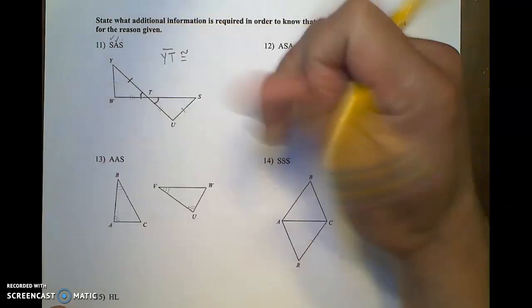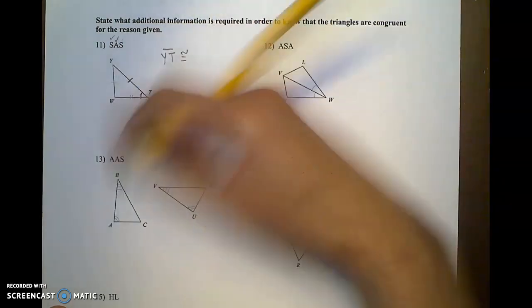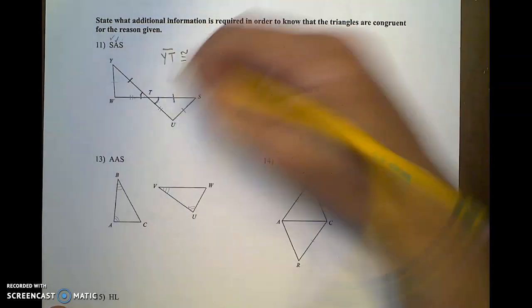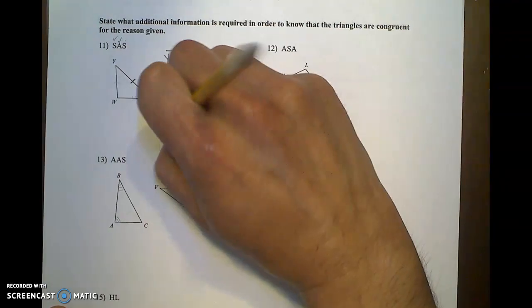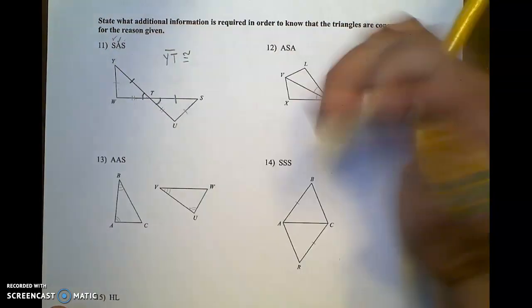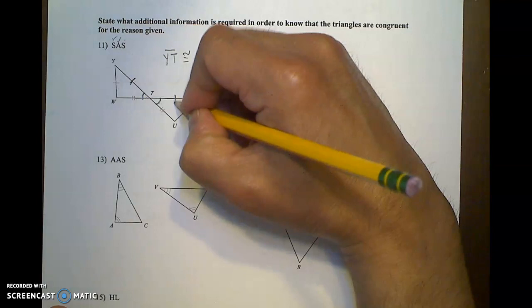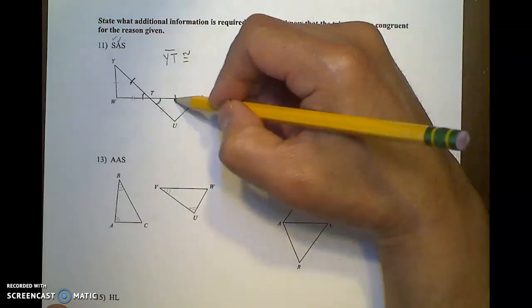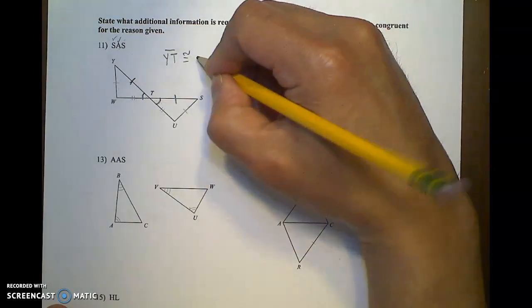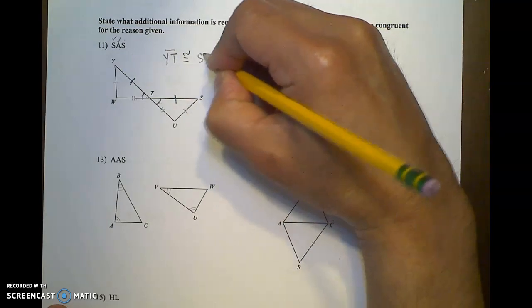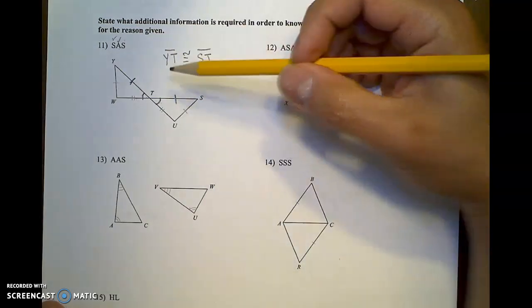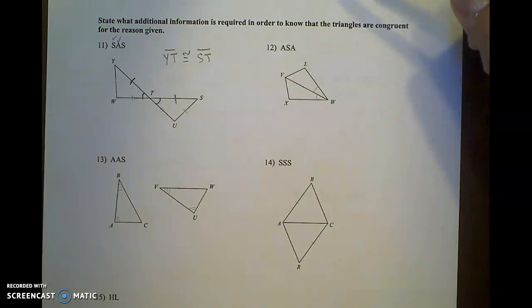So what we need to mark up here is side ST. Right? So we need side YT to be congruent with ST, side angle side, for us to be able to get these two triangles congruent by SAS.